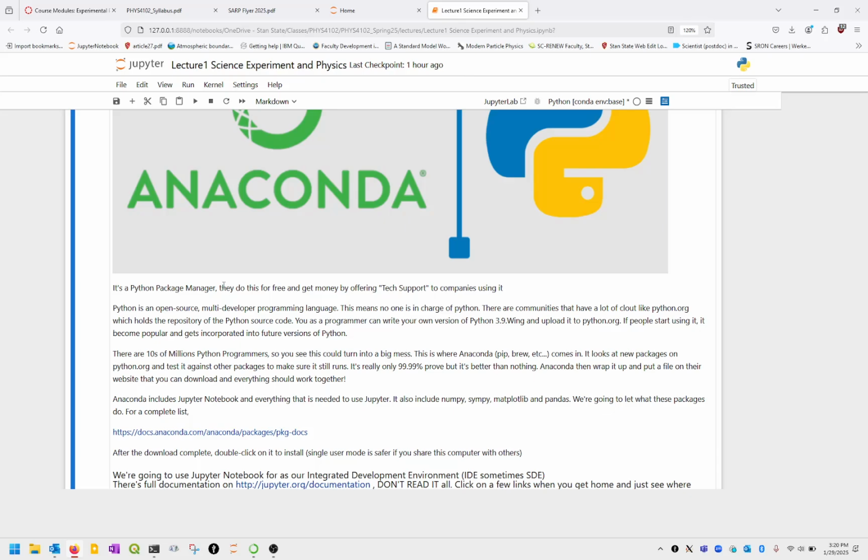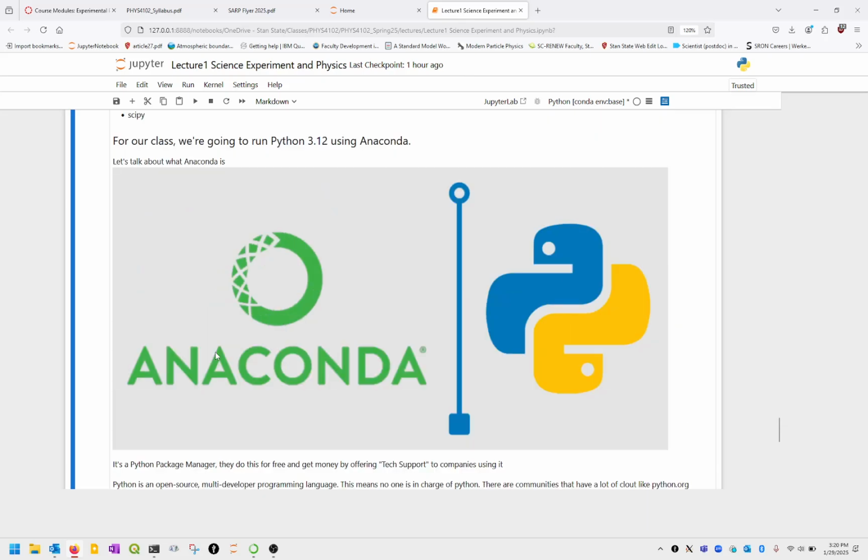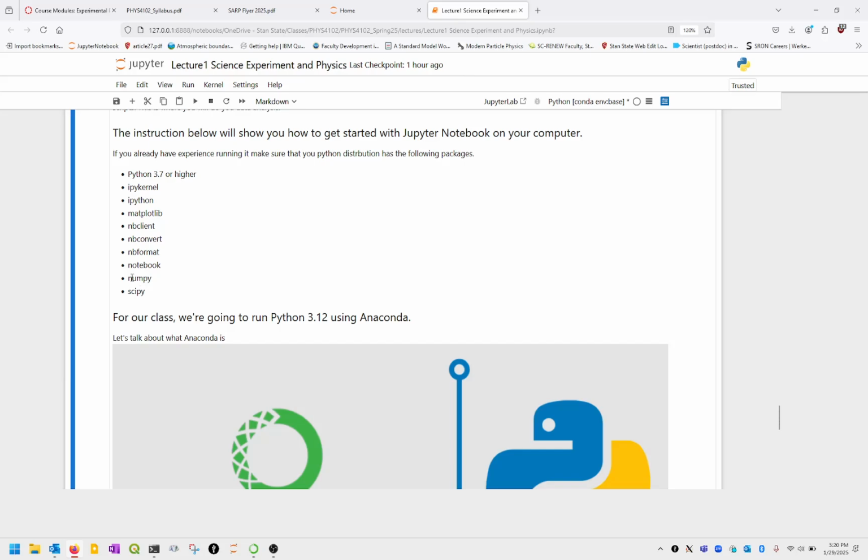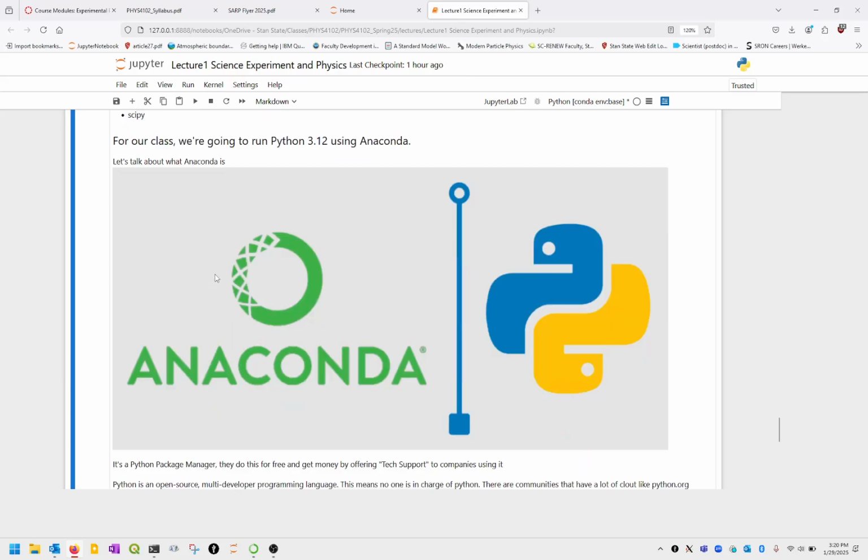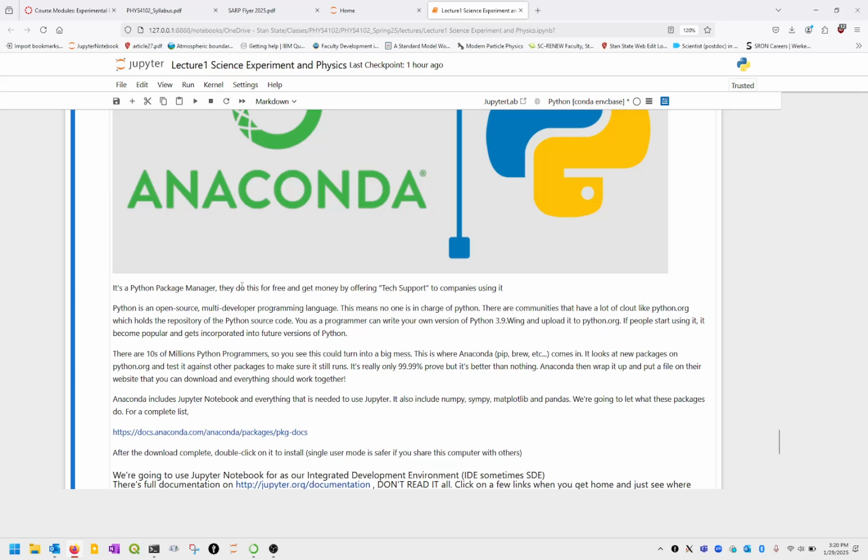The other packages you need are numerical Python and scientific Python. The notebook is the notebook. And you also need to make plots, so there's a package called matplotlib, and the IPython kernel, which is the interactive kernel, so that you can run things in real time.